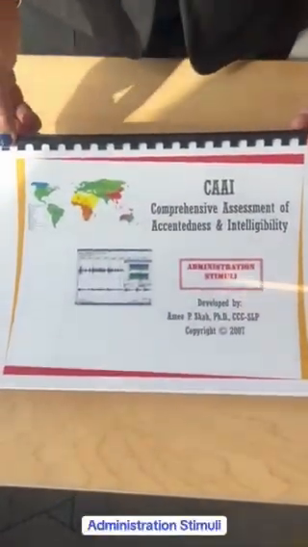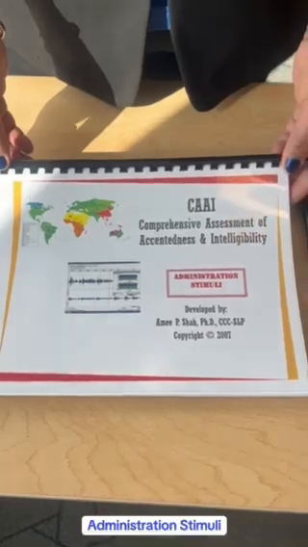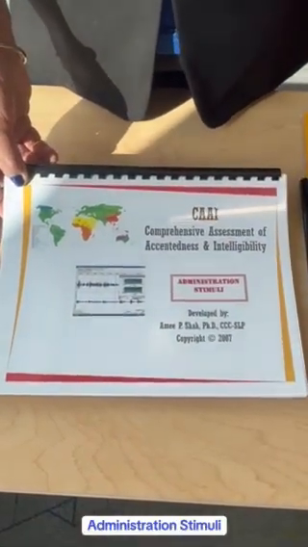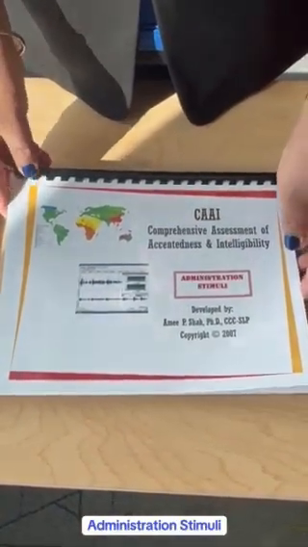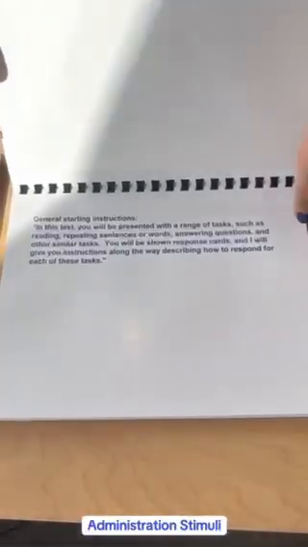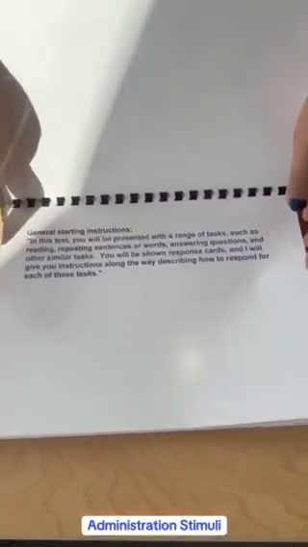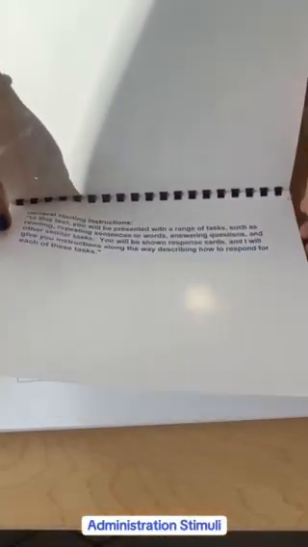Okay, so let's move on from here to the administration book. This is what the clinician will be holding, as the client has the response book that I'll talk about in a second. So as you're showing each section to the client, there are test directions.